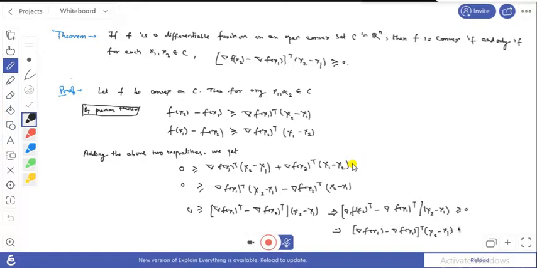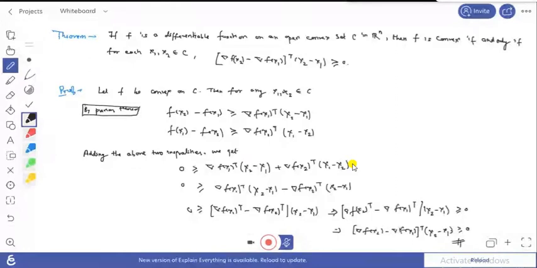The inequality changes because if you multiply by minus 1, the less than or equal to sign changes to greater than or equal to. And you know that for vectors, A transpose plus or minus B transpose equals (A plus or minus B) transpose. So you can say (gradient of f(x2) minus gradient of f(x1)) transpose times (x2 minus x1) is greater than or equal to 0. Okay, this is the first part. You have easily proved that if your function is convex, then it satisfies this condition.